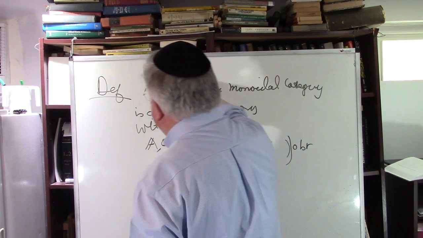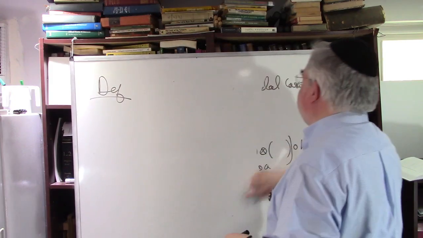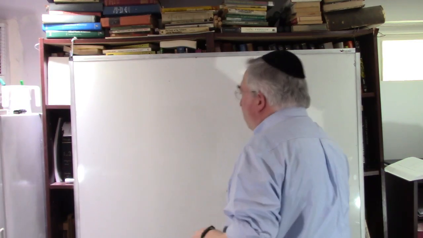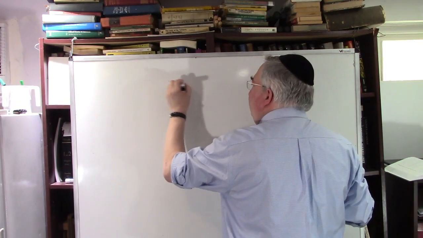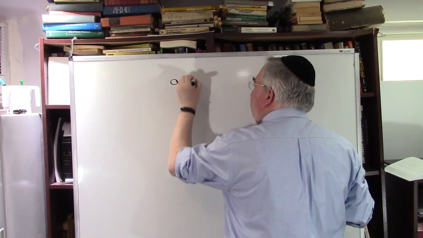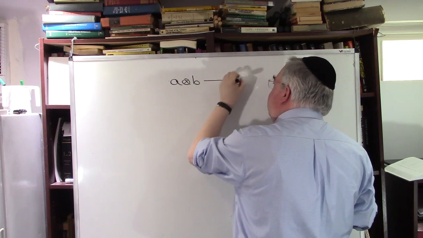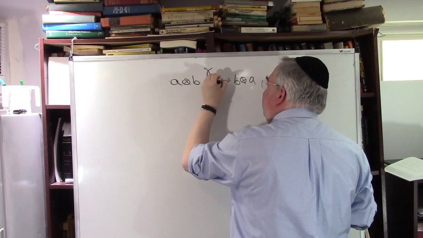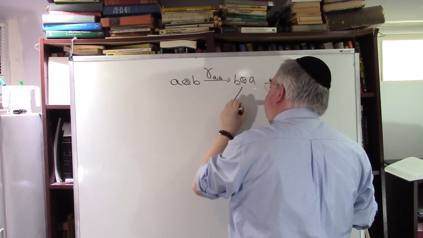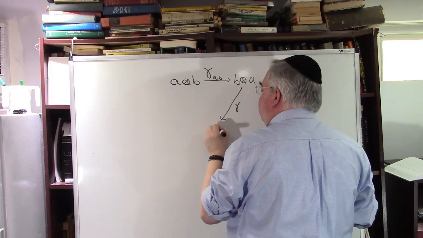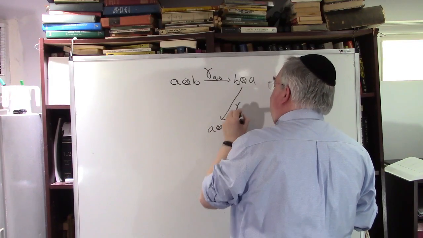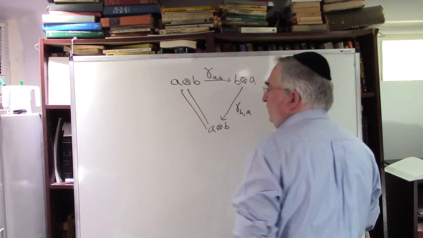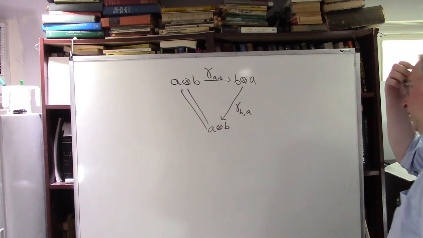We're going to write them all out. One is like this: A tensor B, B tensor A. This is gamma of A comma B, and this is gamma of B comma A, and these two compose to the identity.